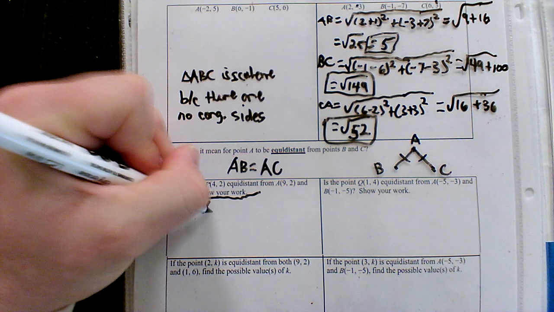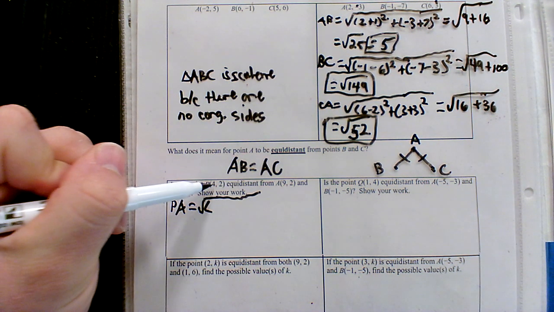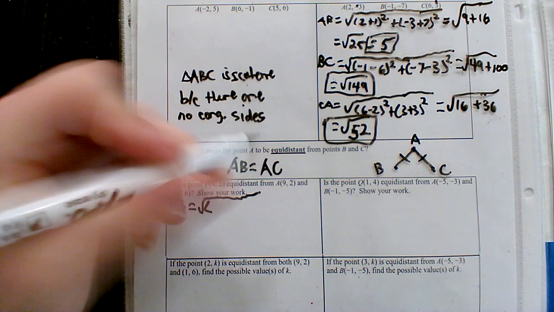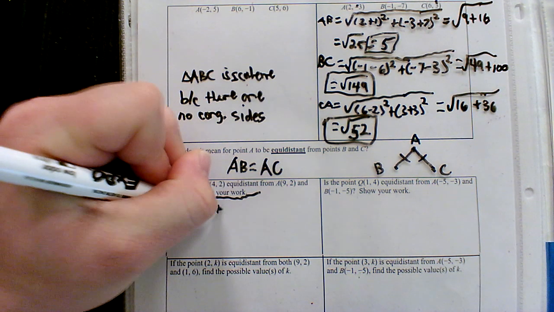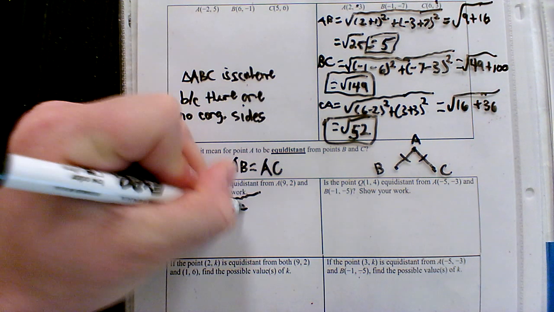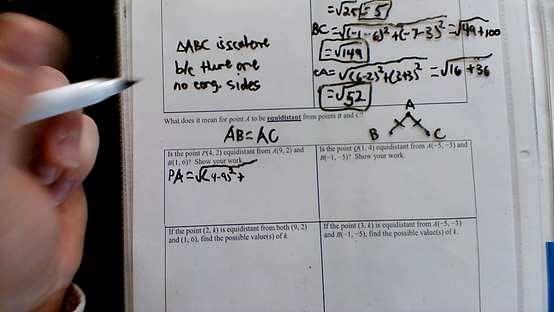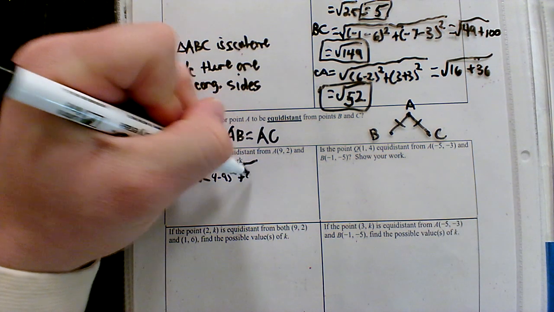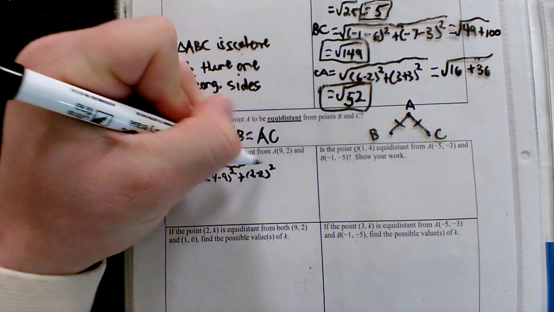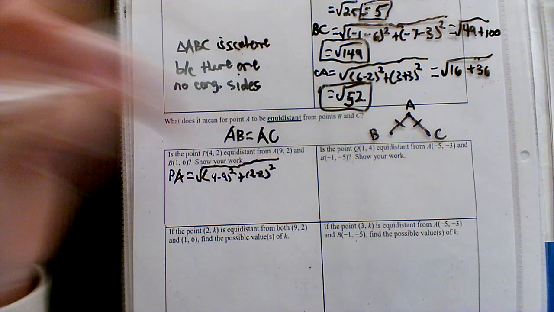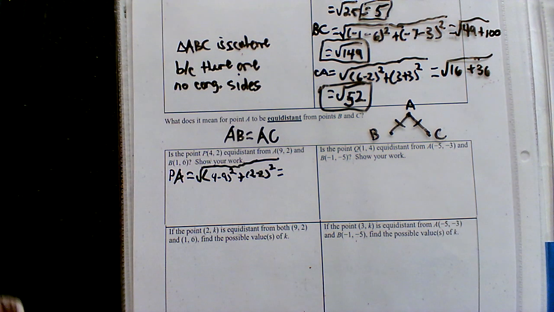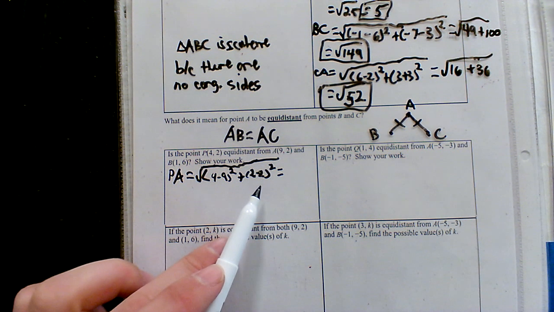So square root. And if we're starting with P, we have 4 minus 9 squared. And then we have 2 minus 2 squared. So 2 minus 2 squared, we know that's going to be 0 squared, so that goes away.